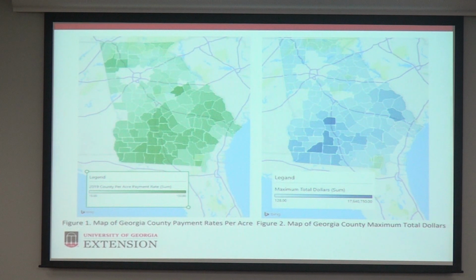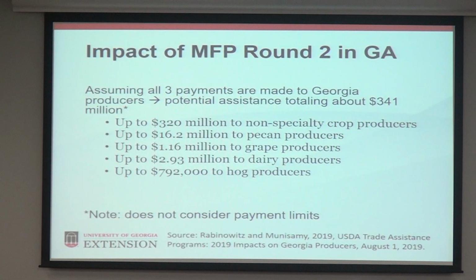And then we also did an analysis on the blue map, which is just for the non-specialty crop commodities, in terms of what the potential maximum dollar amount would be per county. You can see the ranges vary pretty significantly, but the darker areas are where there are potentially going to be more payments from the MFP program coming into those counties. Broken down a little bit more, that impact of round two, assuming that all 3 payments are actually made.